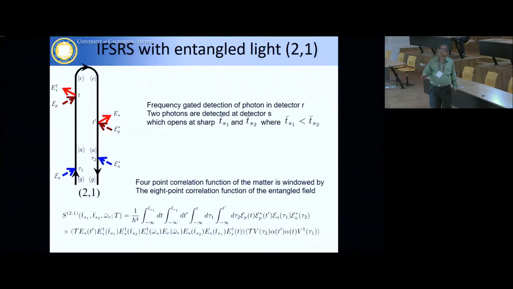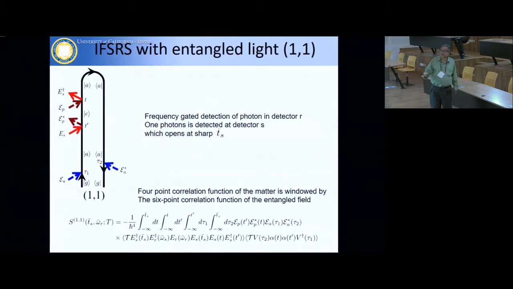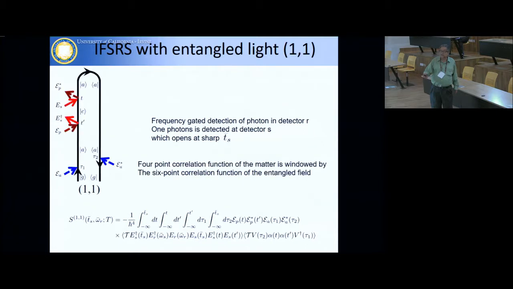For the 2, 1 pathway, where you observe 2 photons, you need an 8-point correlation function of the field, whereas for 1, 1, you need a 6-point correlation function of the field. So if we have a model of the entangled photon, we can calculate all these outcomes.